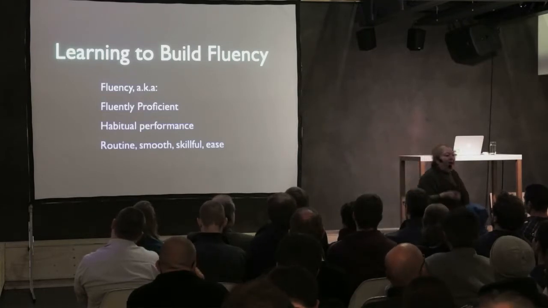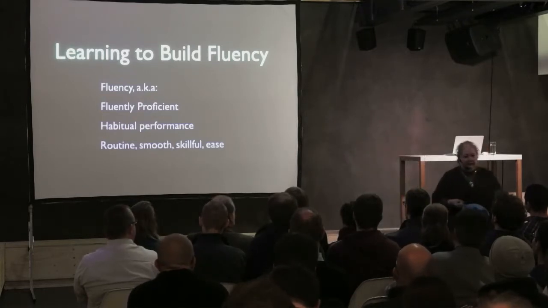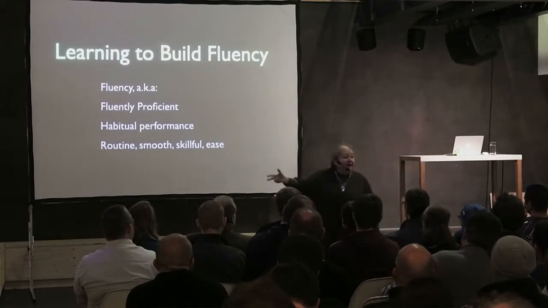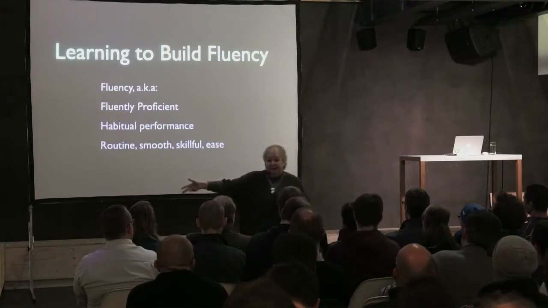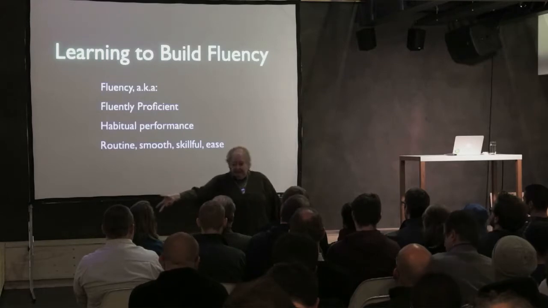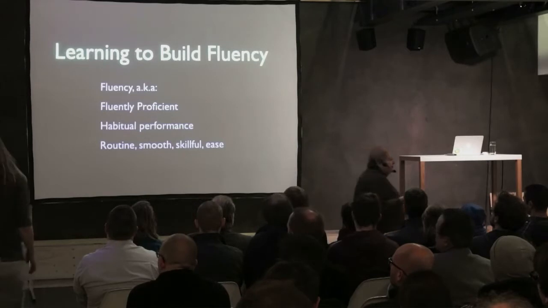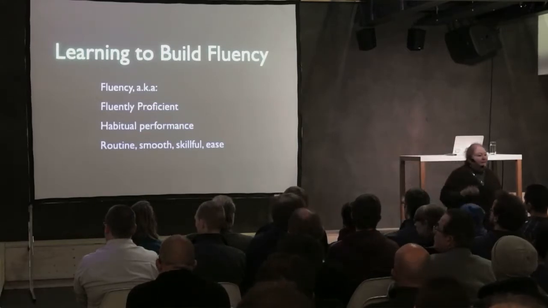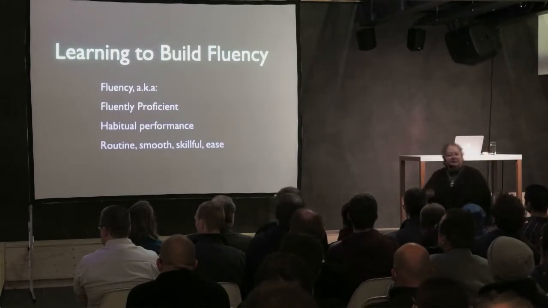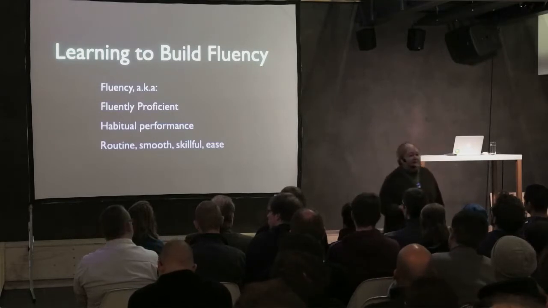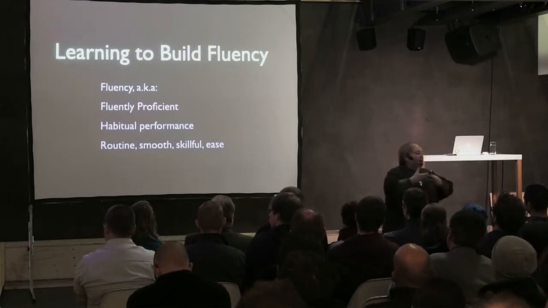Fluency is about how we perform habitually. Not something we can stretch into once in a while if we really have time to prepare and think about it, right? That's not fluency yet. If you keep practicing, you may get fluent, but it's not there yet, right? And it's habitual, routine, skillful, smooth ease when we are fluent.